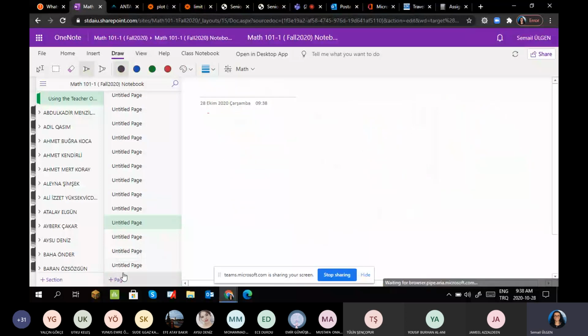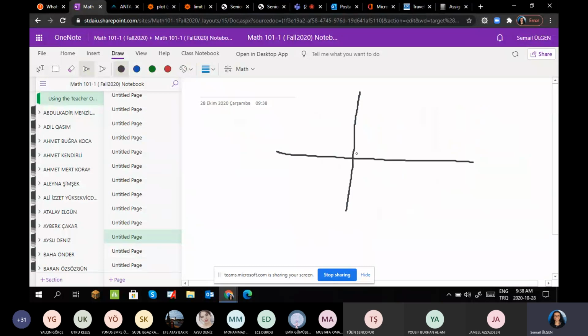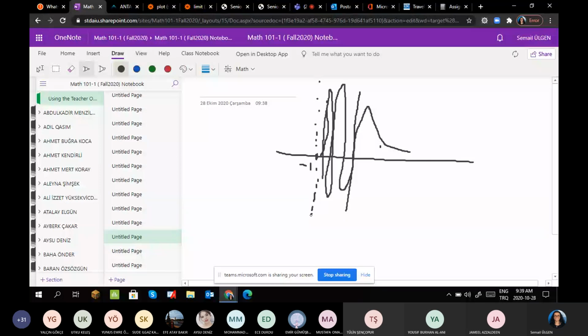So let me open up a new page. I'm sorry, my drawing is not the best. If you shift it towards the left by 1 unit, you're going to get this. It's going up and down, and then it's going to oscillate here. It never gets equal to or touches -1.